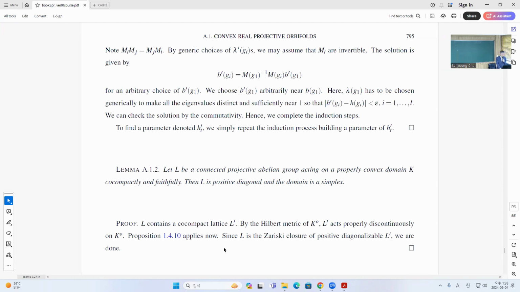That's because it acts properly discontinuously, so you can just apply the Benoist theorem, and that's the idea. Because it's connected, you can take a co-compact lattice here. Right, I think I need the free abelian group here, but maybe I don't. But anyway, keep going. Okay.